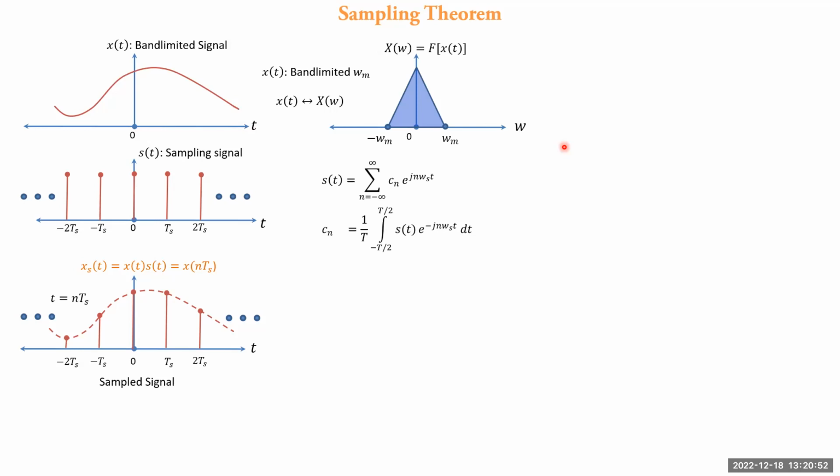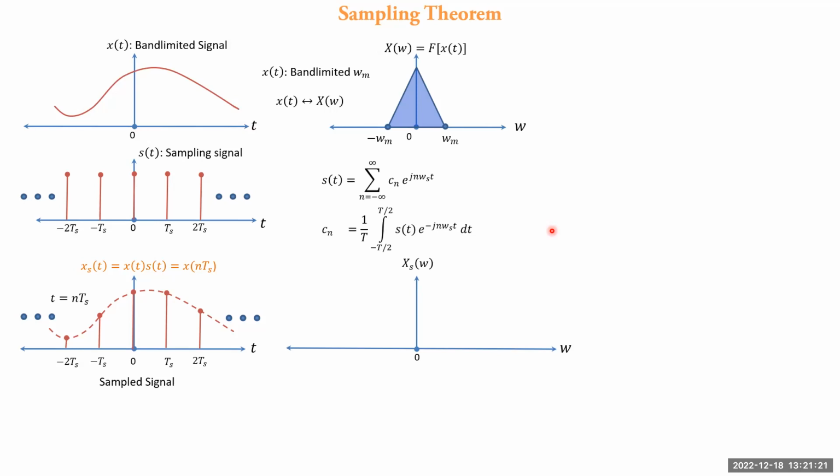Now here the question is, what is the frequency spectrum of the discrete time signal which is obtained after sampling of the analog signal? If one can obtain the spectrum of the discrete time signal, it will give the answer for the sampling theorem.